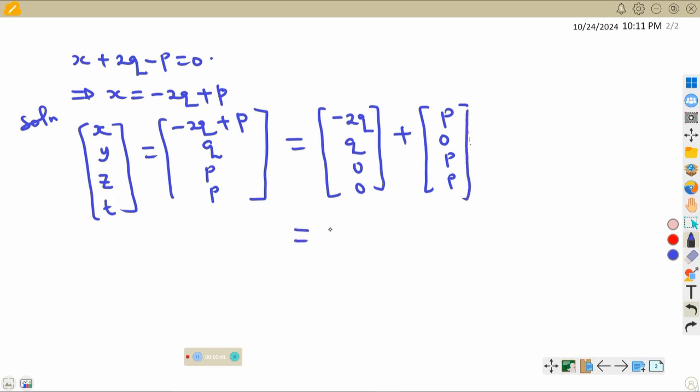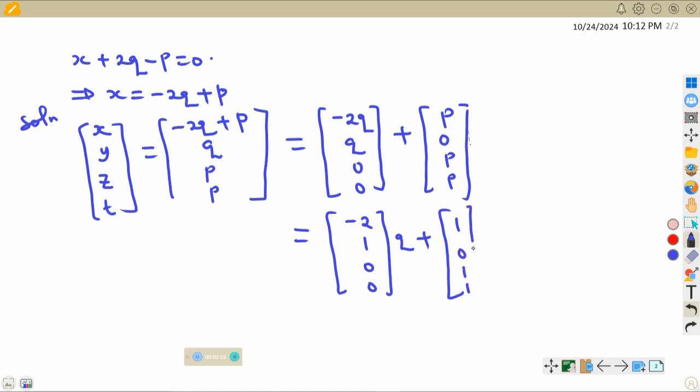So for that case, we can have this as negative 2, 1, 0, 0 into q, plus 1, 0, 1, 1 into p. So this is our x, y, z, and t.